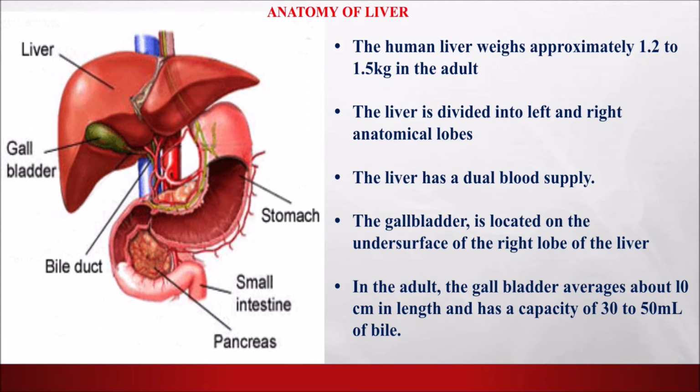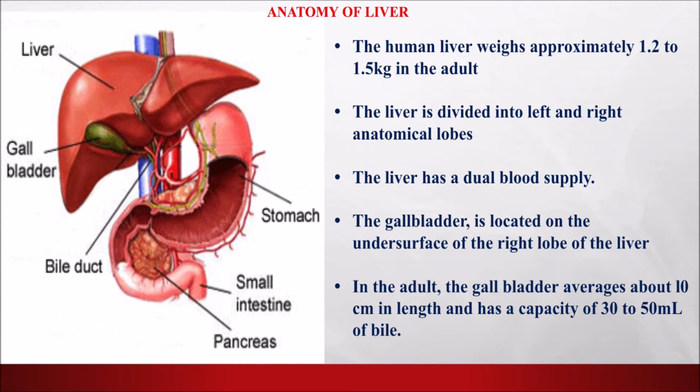The liver also receives dual blood supply. Additionally, it has an organ called the gallbladder, which is on the undersurface of the right lobe of the liver. The gallbladder measures 10 centimeters in length and holds nearly 30 to 50 ml of bile.